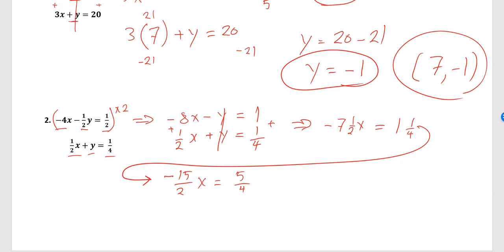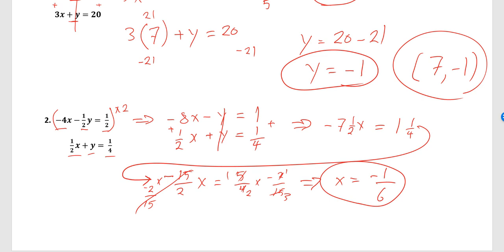Okay, so if we multiply both sides by minus 2/15, times minus 2/15, right? These two will cancel out. So x will equal, so divided by 2 is 1, divided by 2 is 2, divided by 5 is 1, divided by 5 is 3. So we have minus 1 over 6. So x is minus 1/6.